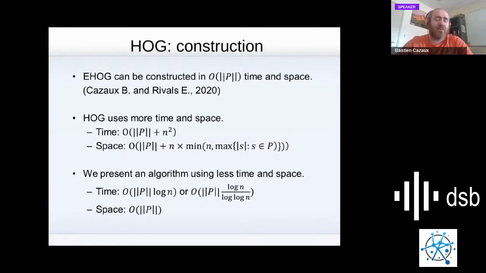But in the case where some strings of P are bigger than the others, the space becomes norm of P plus n square, which is not really good. So here we present a different algorithm to compute the HOG, which is linear in space, but which is norm of P times log n or log n over log log n in time.